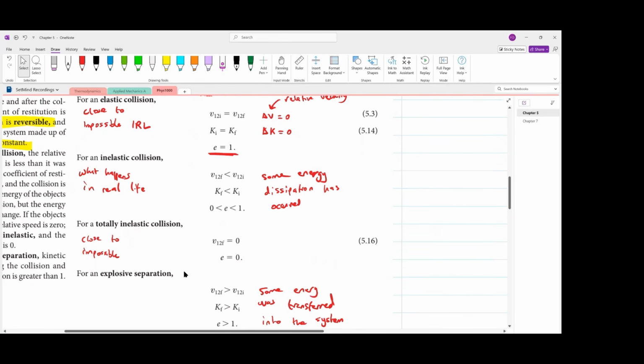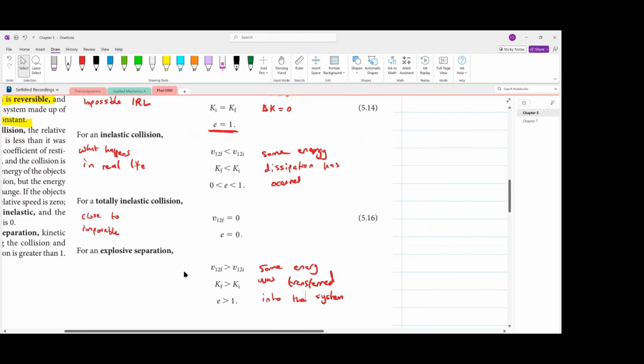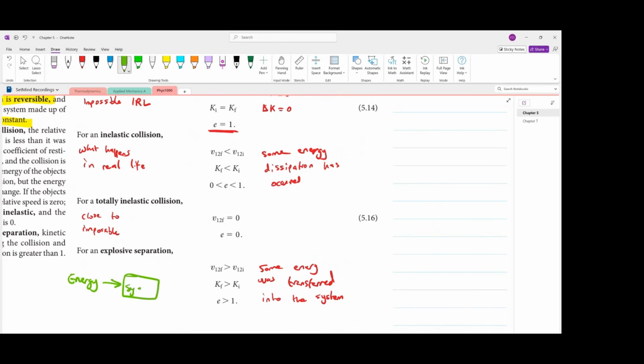So they both involve some transfer of energy. So for an explosive, energy goes into the system, right? But for an inelastic, energy goes out of the system.